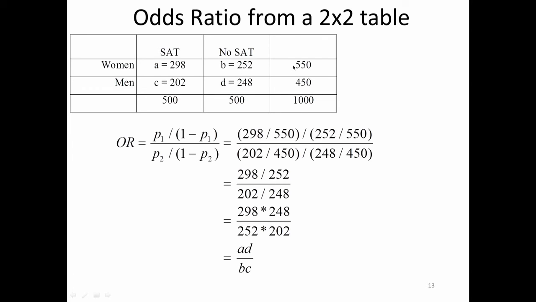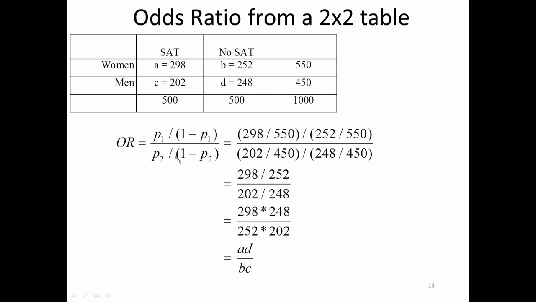That is 298 divided by 550, divided by 252 divided by 550, divided by 202 divided by 450, divided by 248 divided by 450. So that comes to 298 multiplied by 252... rather, 298 multiplied by 248, divided by 202 multiplied by 252. So we get A into D divided by B into C. That is the formula for this odds ratio.